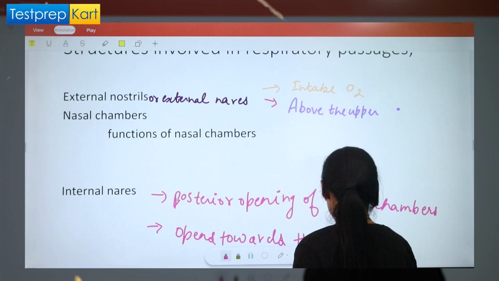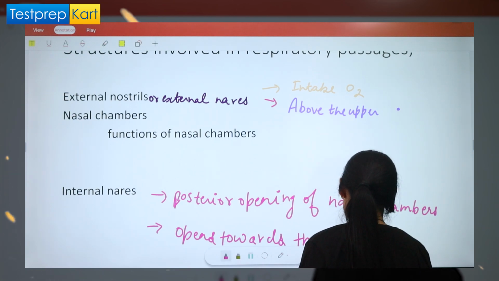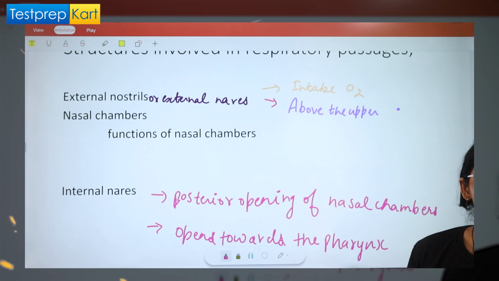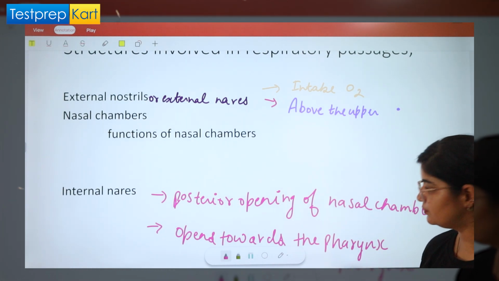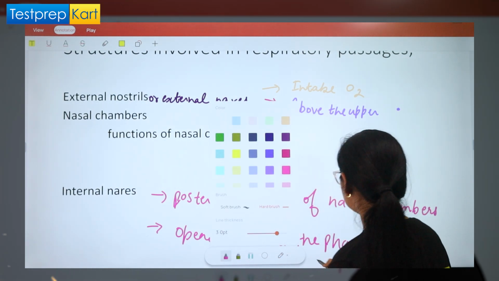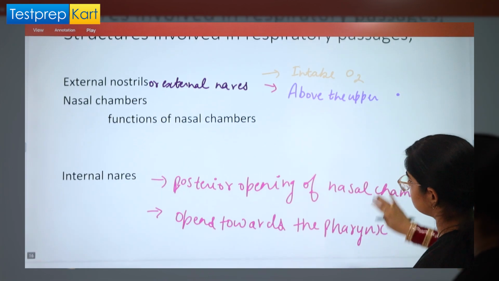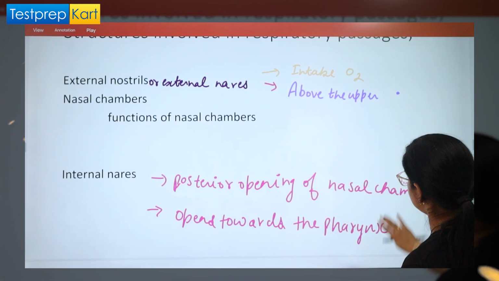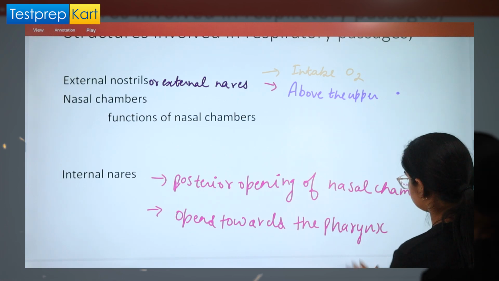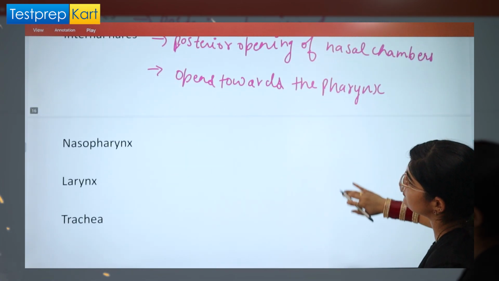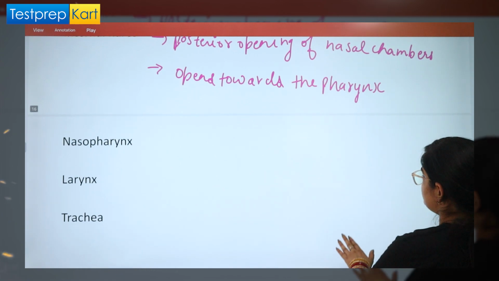Clear? So it will open further towards the pharynx. That is the fourth part of the respiratory passage. Clear? Now moving forward, we have the nasopharynx. It is the fourth part of the respiratory passage.